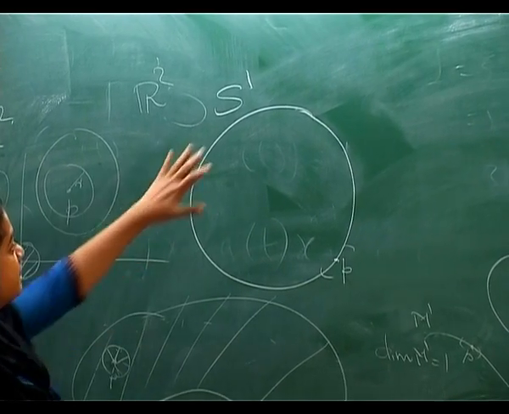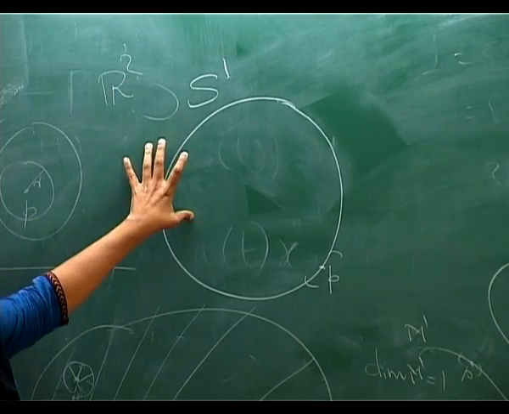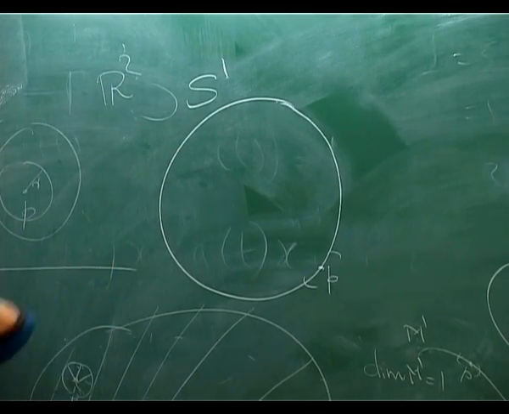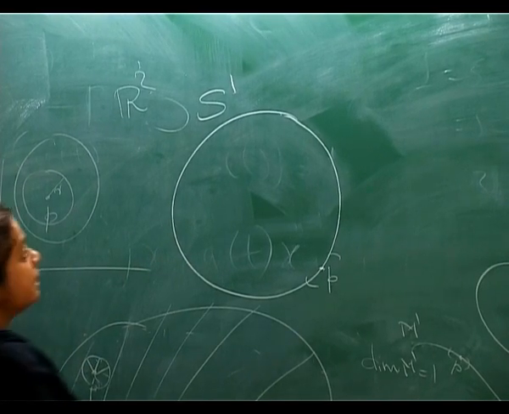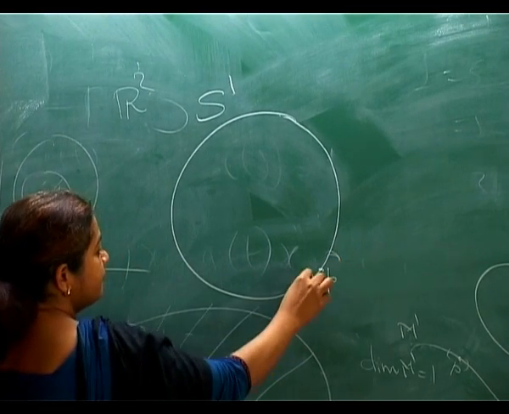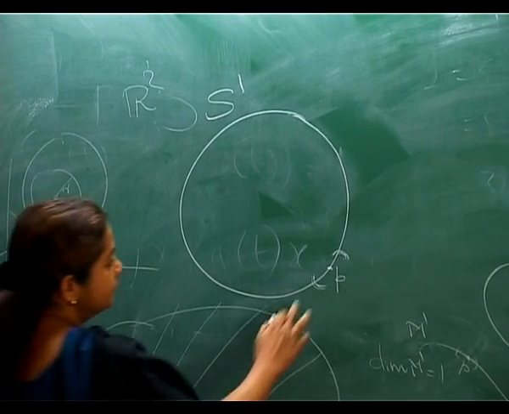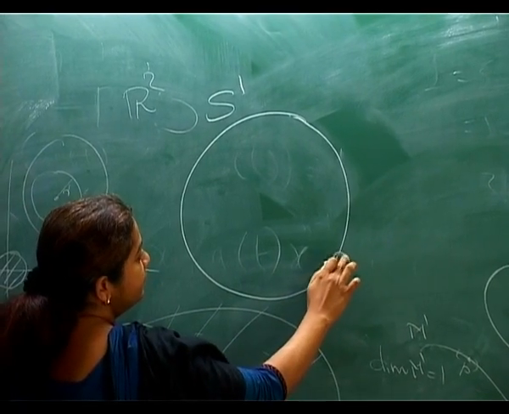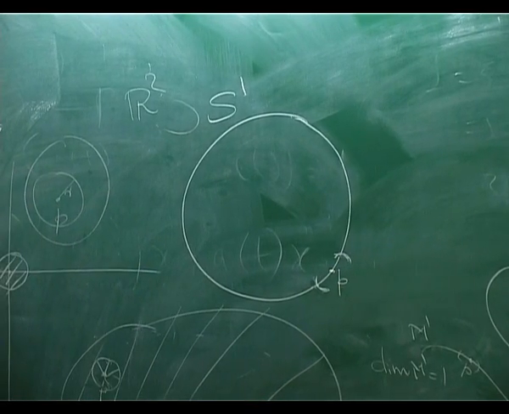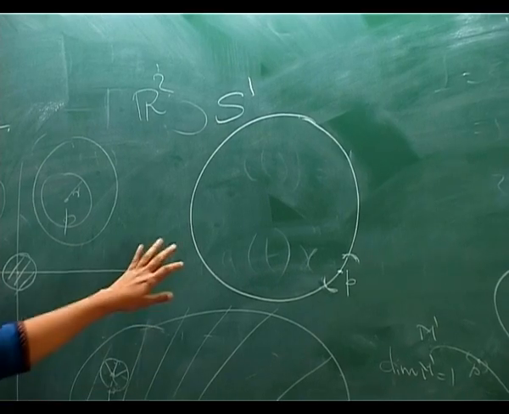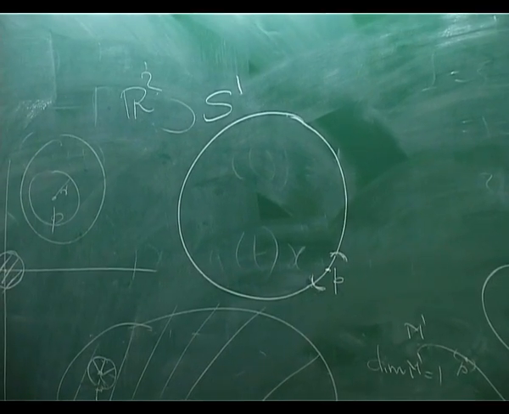So the open sets in S1 basically are open balls in R2 intersected with your circle S1. That defines a topology on S1. The open sets in S1 look like they are generated by open arcs of this fashion containing your point P, and unions of such open sets.